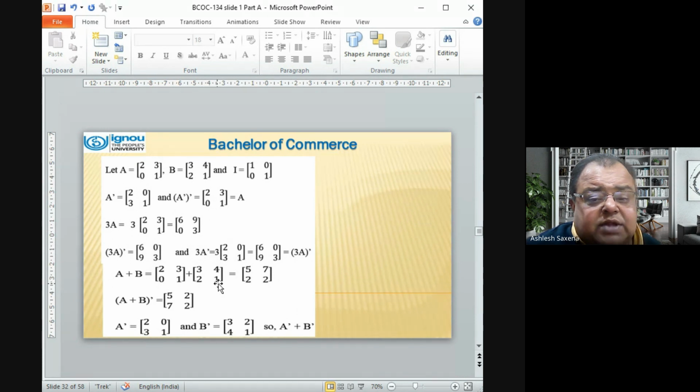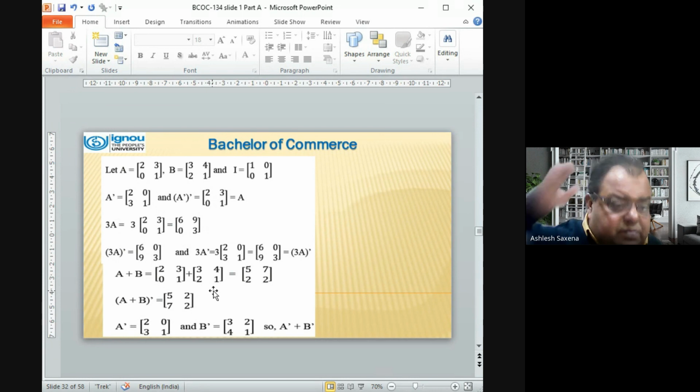Then what is A plus B transpose? A plus B will be 5, 7, 2, 2, and its transpose will be 5, 7, 2, 2.